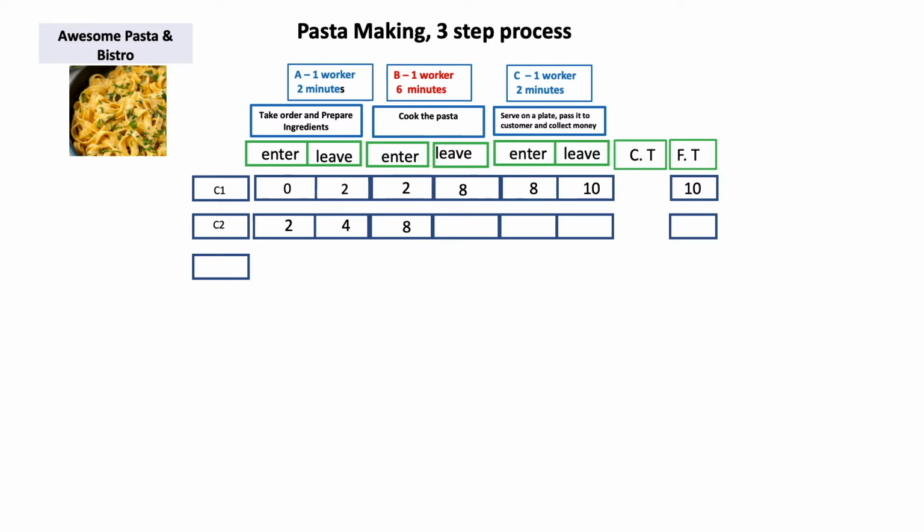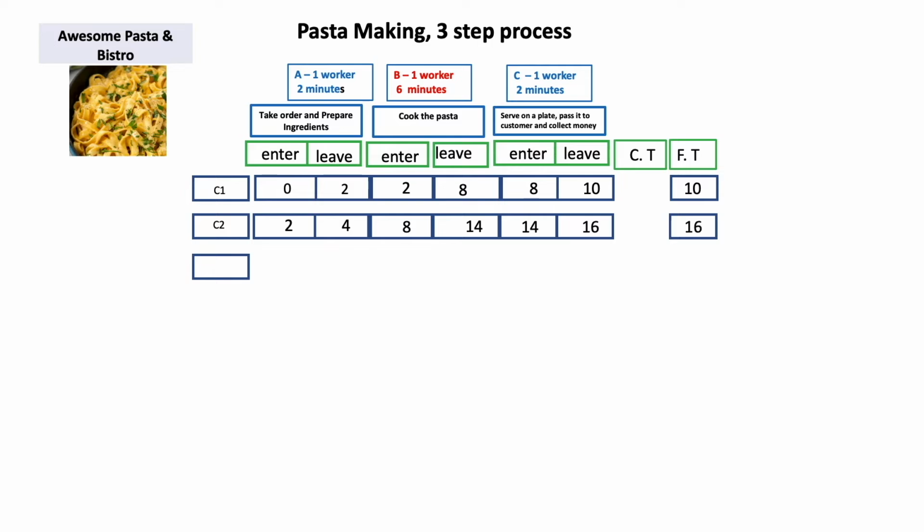So it can only enter at time equals 8 minutes and comes out of that process at 14 minutes. It then goes on to process step C at time equals 14 minutes. Since process step C is available, it's not busy, and it leaves at time equals 16 minutes.